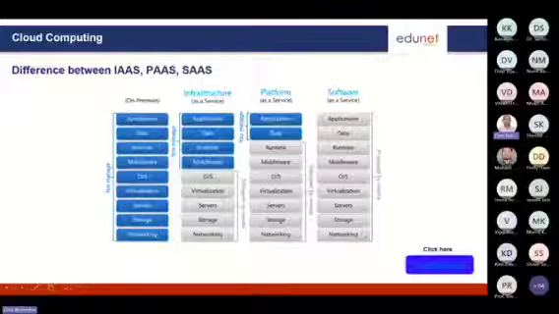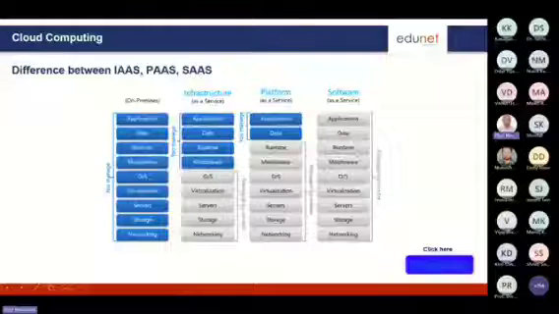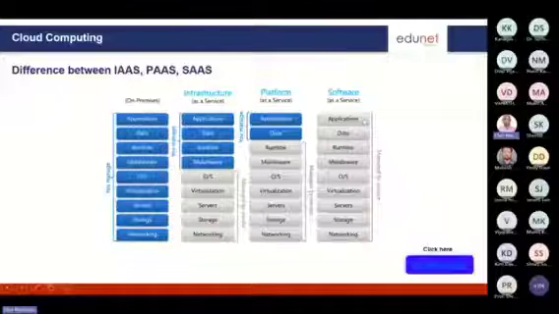Storage they will provide. Servers, virtualization, operating system, middleware, runtime, even software packages they will run from time to time. Data also they will maintain, application also they will maintain. Once the application is designed, it will be given to you. They will maintain everything. Then it is called software as a service.